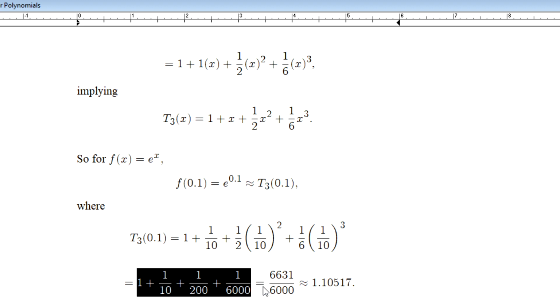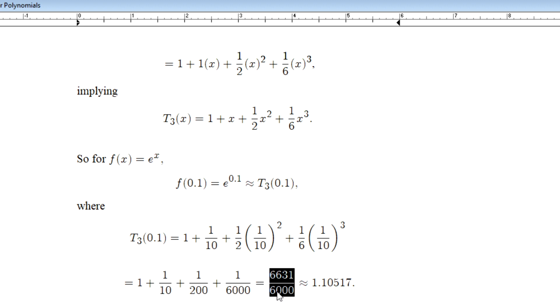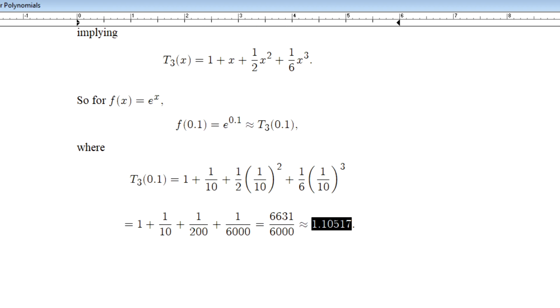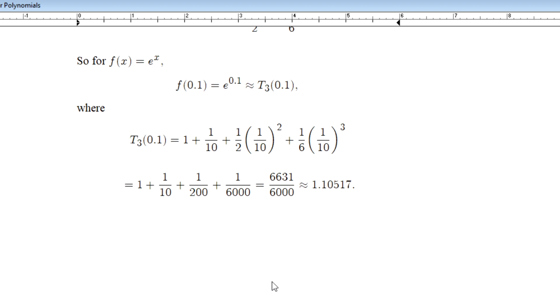And if you did common denominators, you could get a rational description of that approximation, which would be 6,631 over 6,000, where if you approximate that out as a decimal to several decimal places, you will get 1.10517 in value. All right? And if we compare that to what we had for e to the x, you might note that is a rather good approximation.